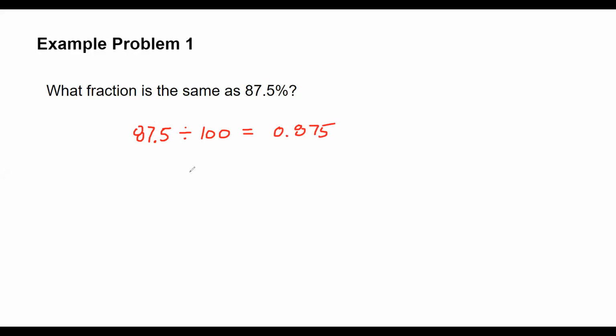When we divide by 100, we get 0.875. Now we want to convert this into a fraction. We see that we have 1, 2, 3 values to the right of our decimal point. That means we are going to take 875 and put it over 1,000. And that's our fraction. But we want now to reduce this to its lowest form.